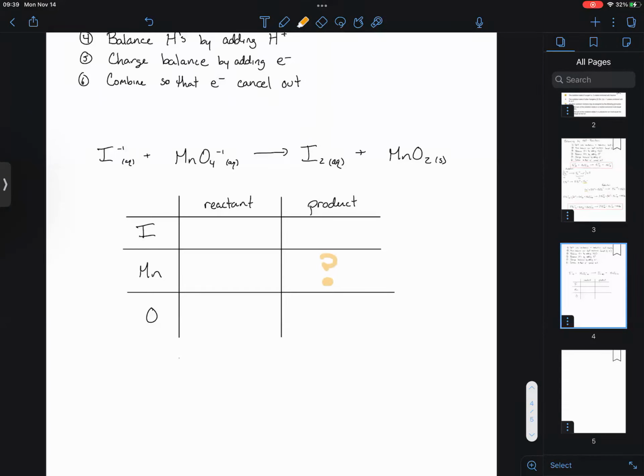All right, and I'll give you guys another minute or so, but when you get it, I want to know in our iClicker what the oxidation number of the manganese is on the product side here.